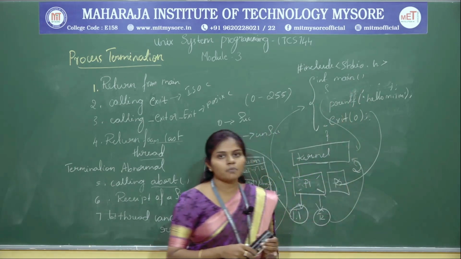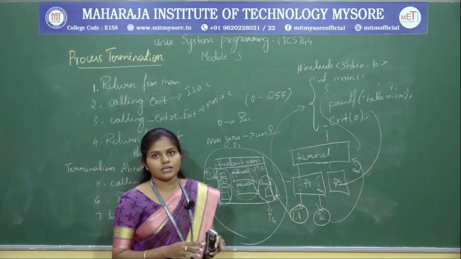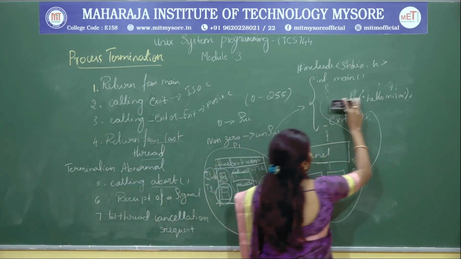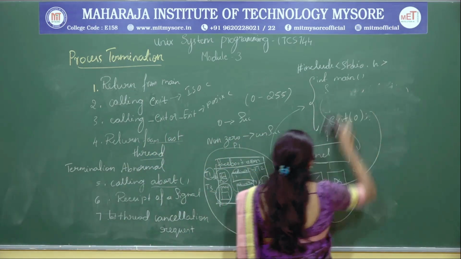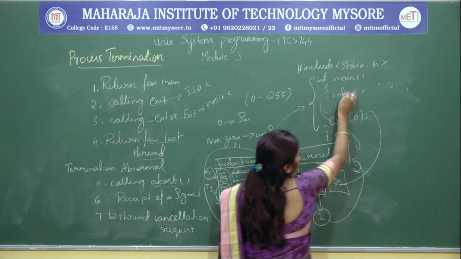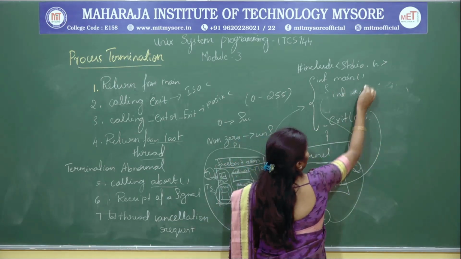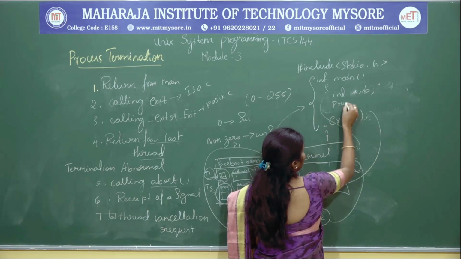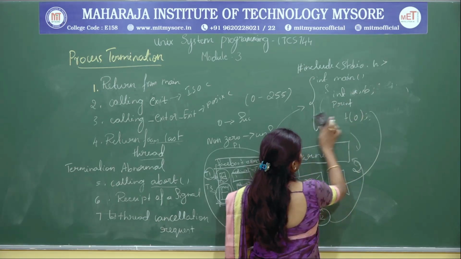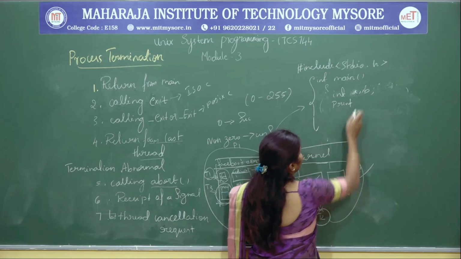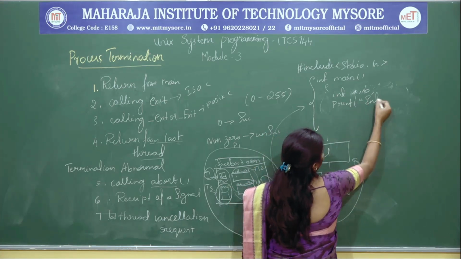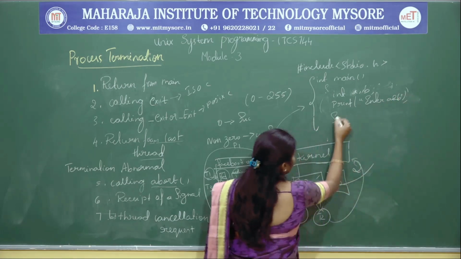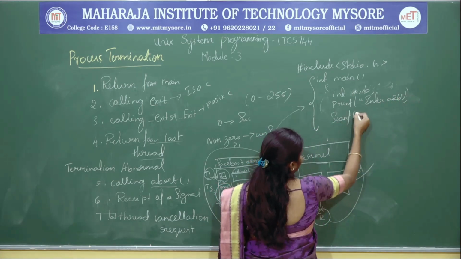Suppose this program is going to request the IO devices. Here, instead of this, I am going to make use of 2 variables, int a, b. I am going to take the input, that is a printf statement, printf enter a and b. Now the scanf statement.